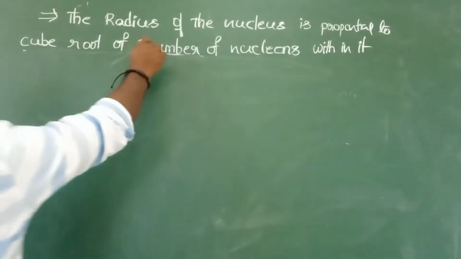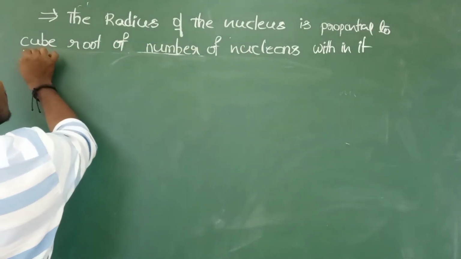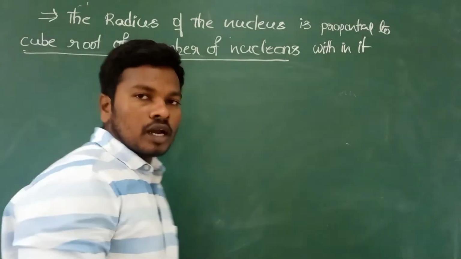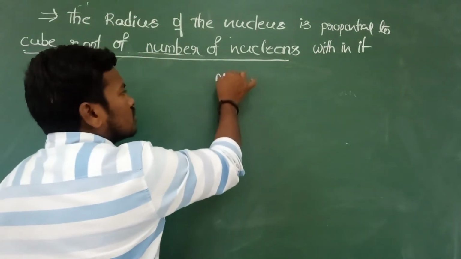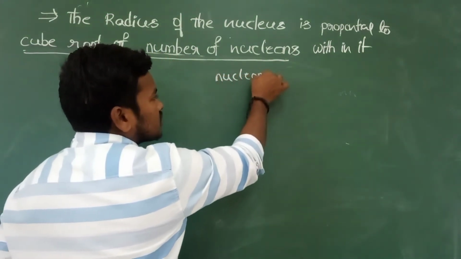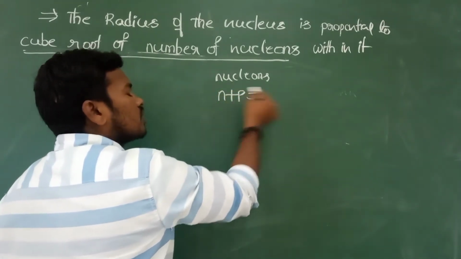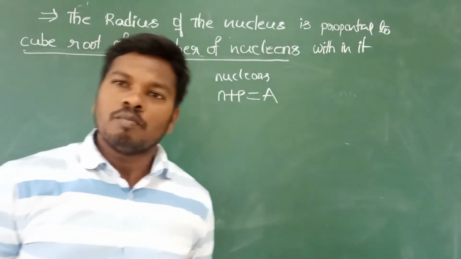See the next point. The radius of the nucleus is proportional to the cube root of the number of nucleons. Nucleons is nothing but the number of neutrons plus protons. We know that the number of neutrons plus protons is equal to the mass number.